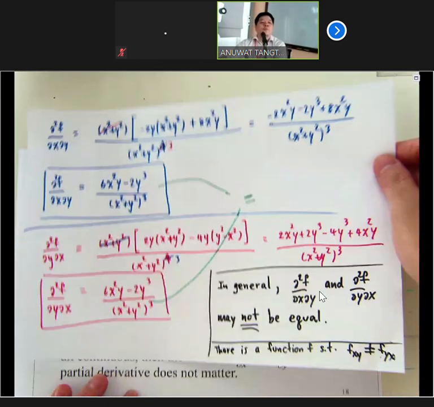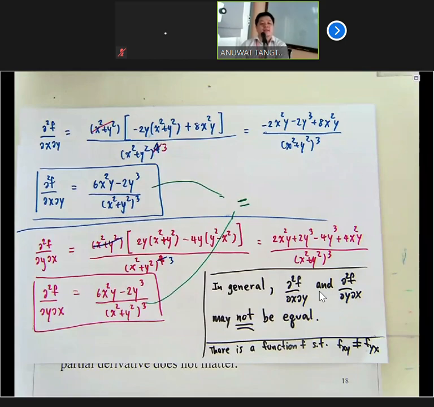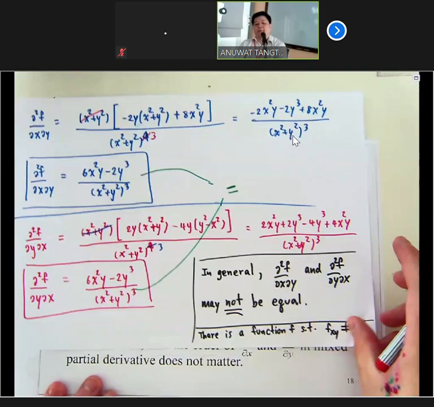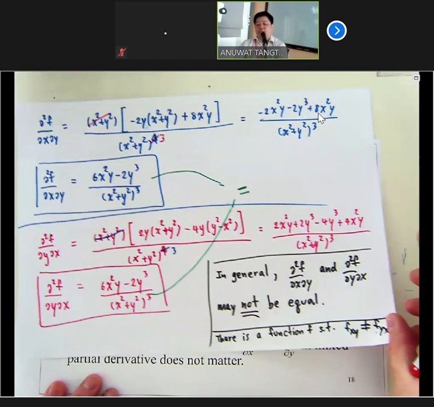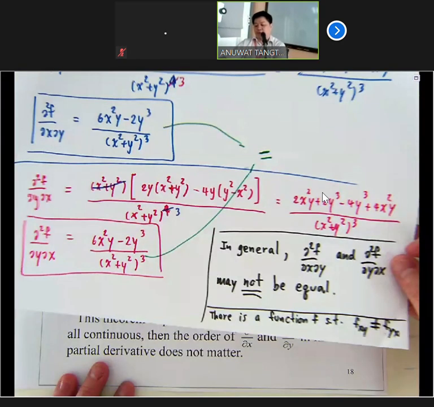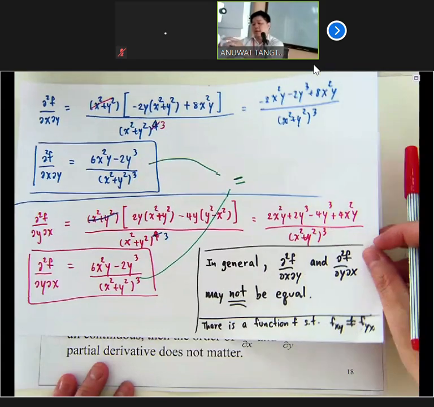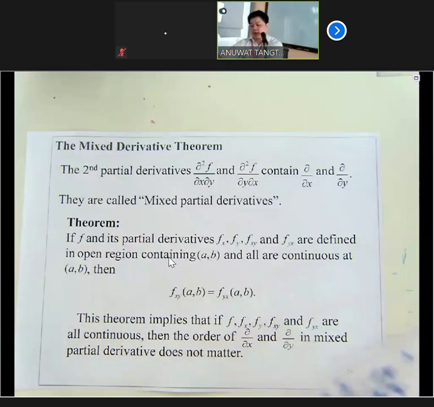So you might wonder how we can know which function is going to have the equality of these mixed partial derivatives, right? That can be guaranteed by the following theorem, called the mixed partial derivative theorem. If you want to note this down, just note it here.